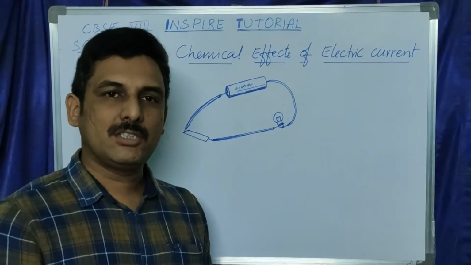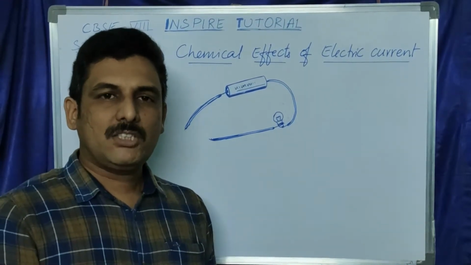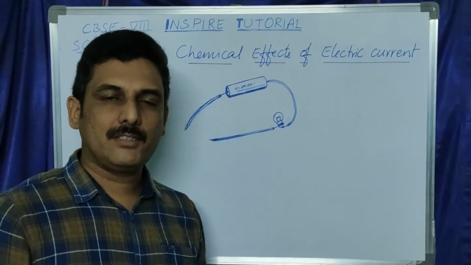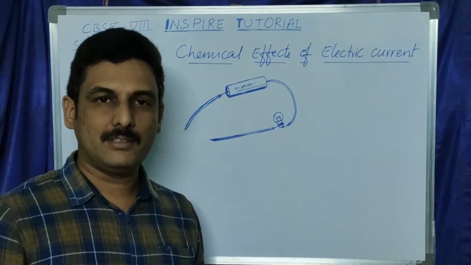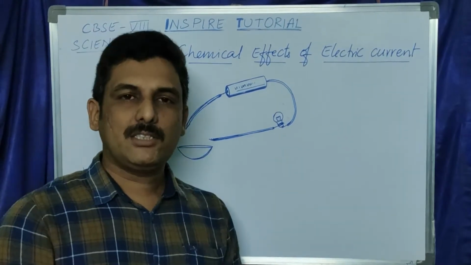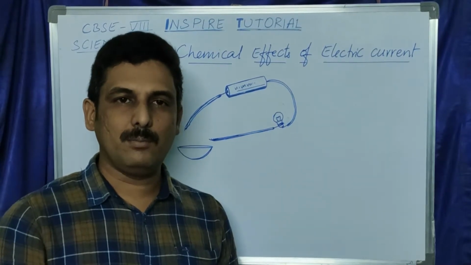Similarly, we can test the flow of current through liquids like tap water, lemon juice, or acid, etc. To test the flow of electric current through a liquid, you take a small bowl.